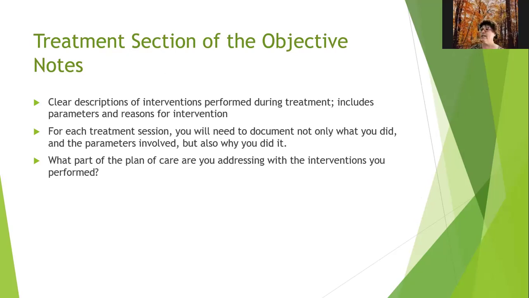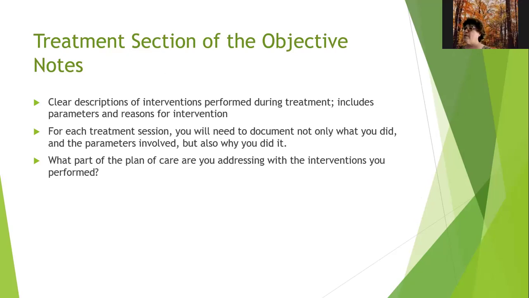For example, instead of writing added single leg bridging 2 times 10, that doesn't really show any skill. You could write instructed patient in progression of bridging exercises to include single leg bridge for improvement of gluteus maximus contraction to improve sit to stand. Wow, all that skill, and we tied it into a goal. That's great. You could add that if cueing is required for the patient to perform the exercise accurately, you could add that in.